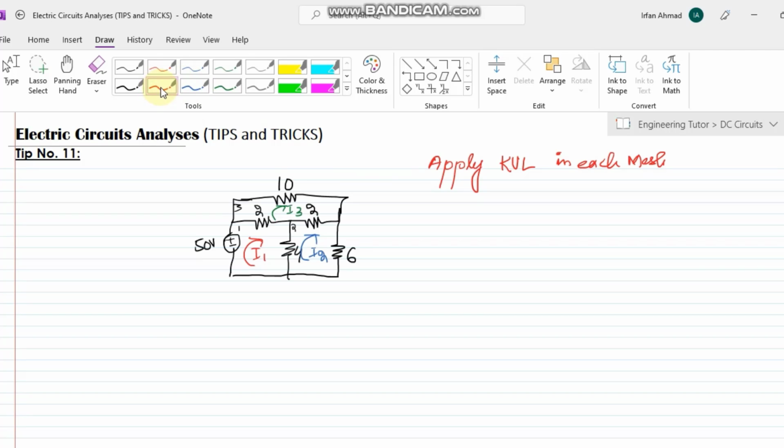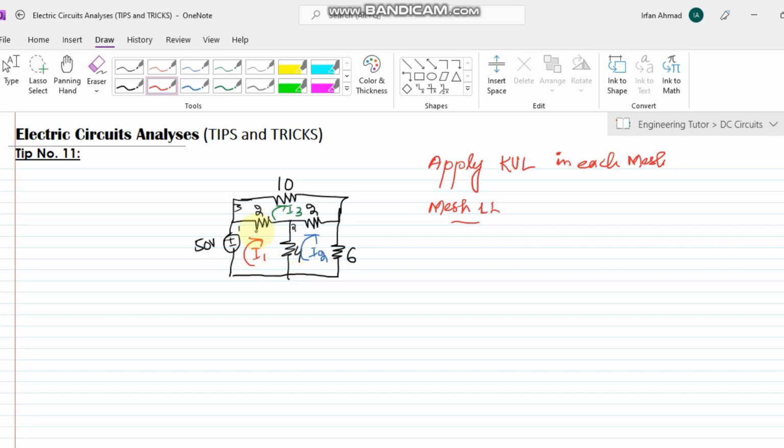So what is that method? To construct the equation for mesh number 1, I am not applying KVL directly. Actually, at the back end I am basically applying KVL, but to simplify the method, in whichever mesh you are, you sum all the resistances there and multiply that with the current.